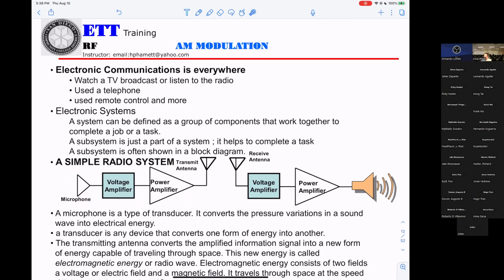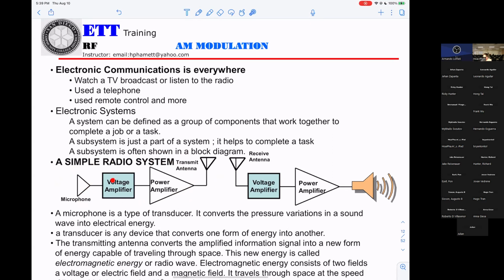They're talking about the radio system. This is a microphone. When you're talking to the microphone, your voice is a sound wave. When it goes through the microphone, it converts to an electrical wave.